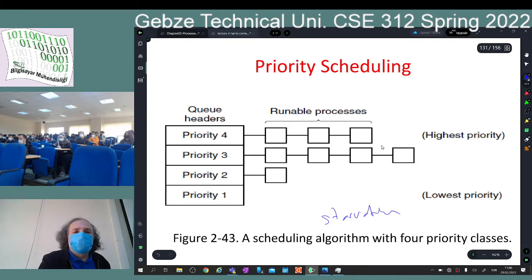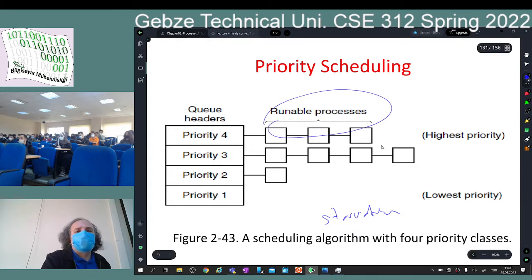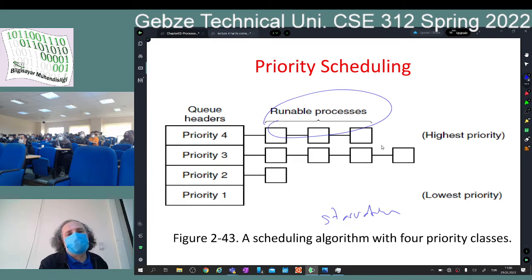If these three processes are busy, always ready to run, and their priority is high, I keep running them over and over again. So this task will not have any opportunity to use the CPU. Starvation is the first problem.